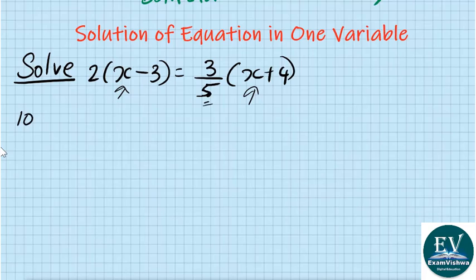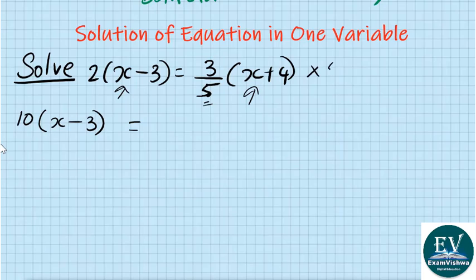So thereby it became 10 into (x minus 3). Instead of 2 into (x minus 3), 5 times of that is 10 into (x minus 3). Correct?